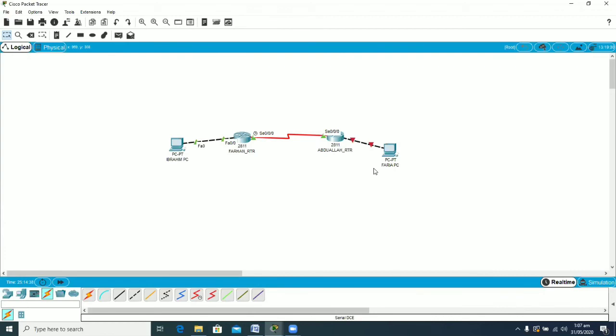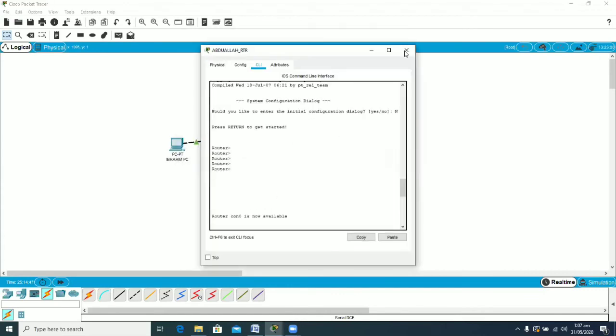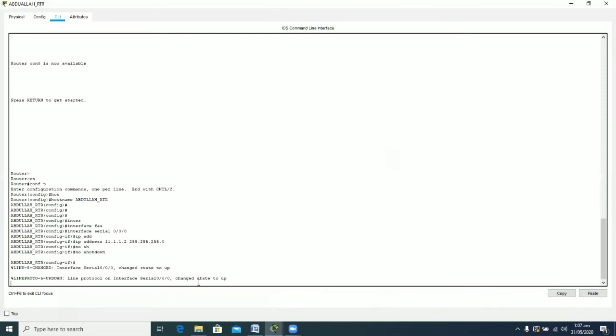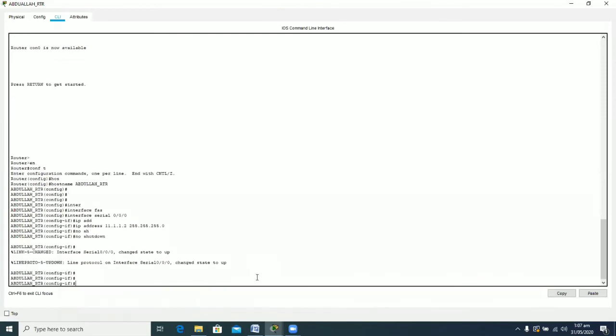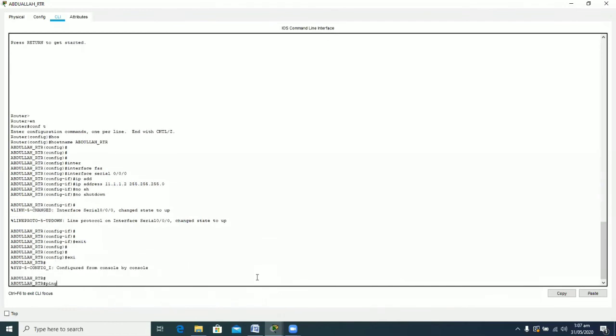So now you can ping these two routers and you can be sure that this network is properly working. So from Abdullah router, I am pinging Farhan router, ping 11.1.1.1.